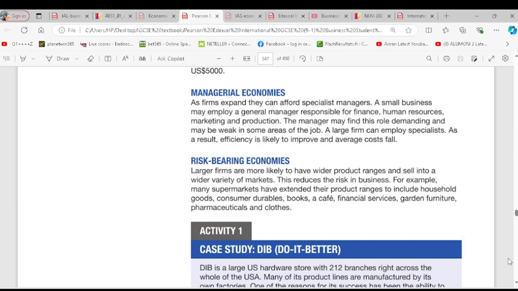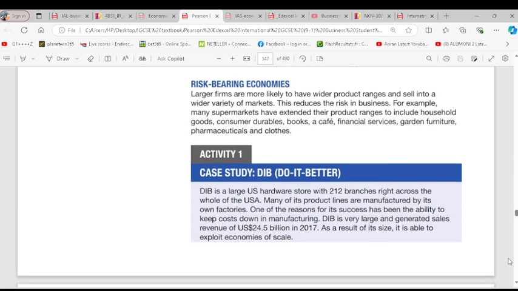Employing different managers for different roles will bring about efficiency and reduce the cost of production. Small firms do not have these opportunities. So basically, more specialist managers make it more efficient. Clear. Okay, makes sense.